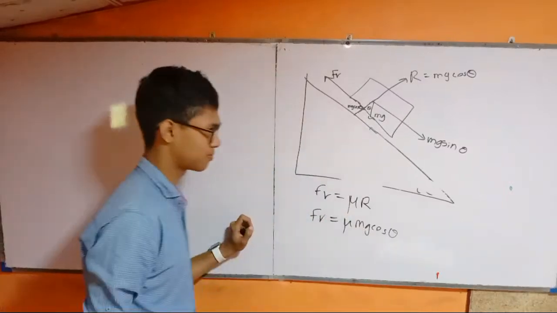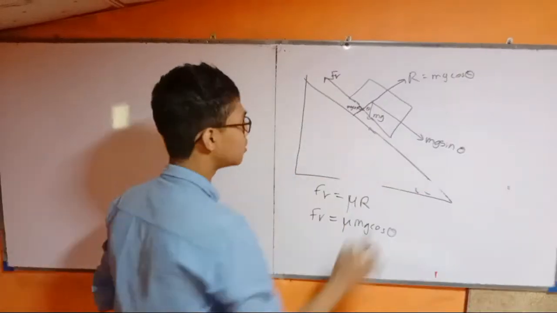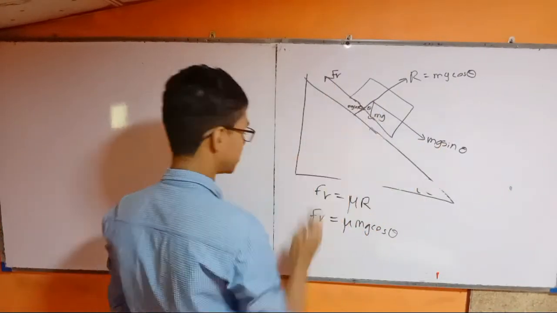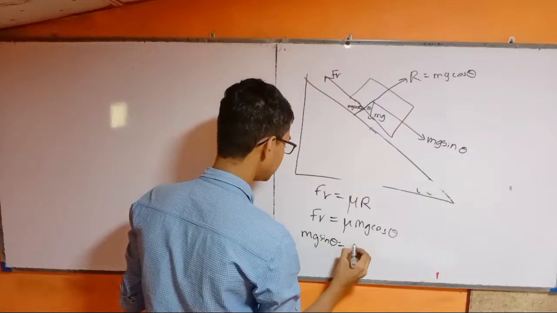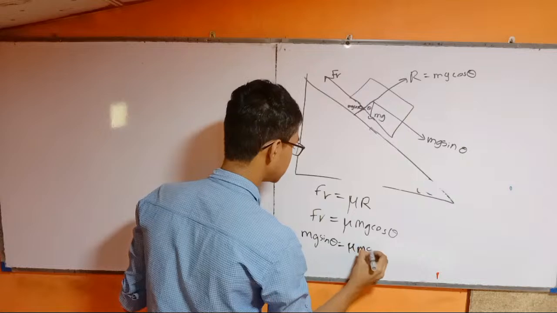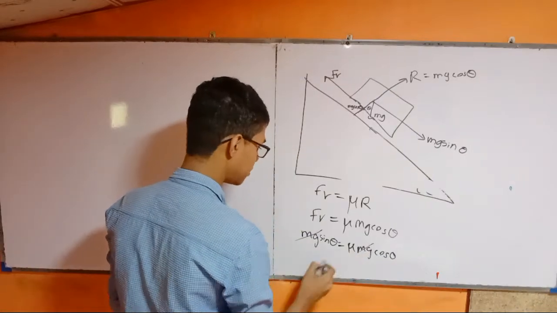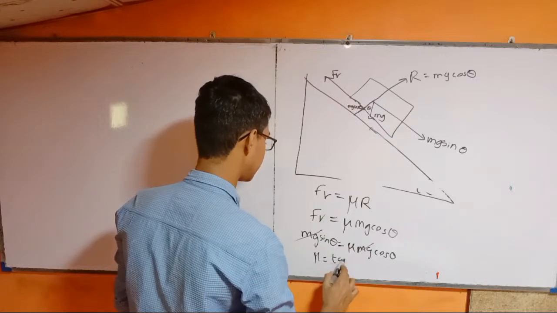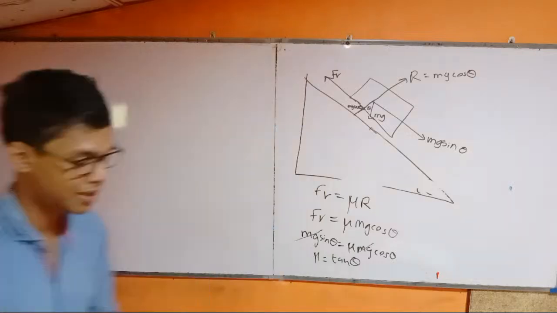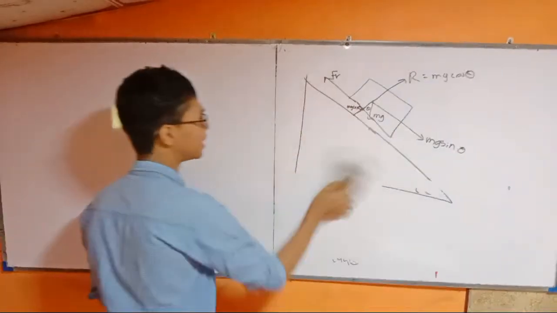So mg sin theta is equal to mu mg cos theta. The mg cancels off. Mu is equal to tan theta. Now no need to memorize this, okay?